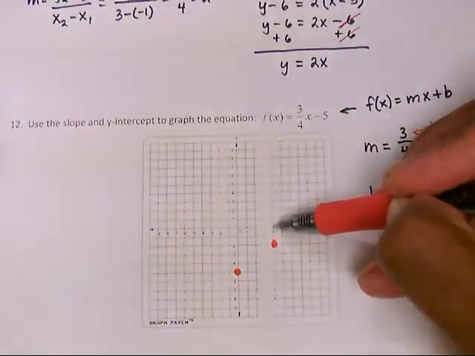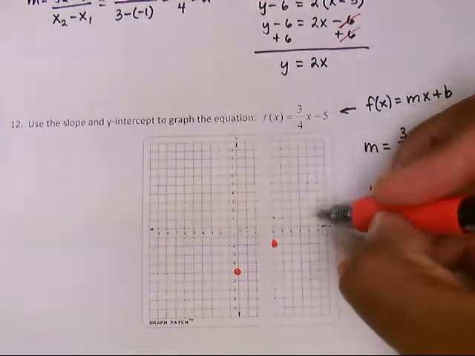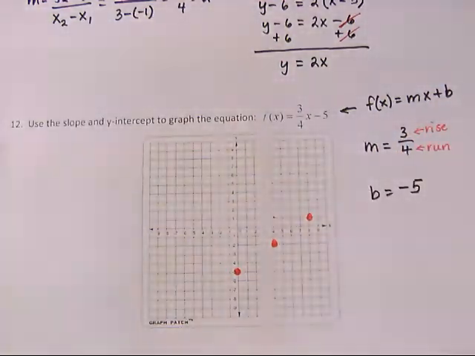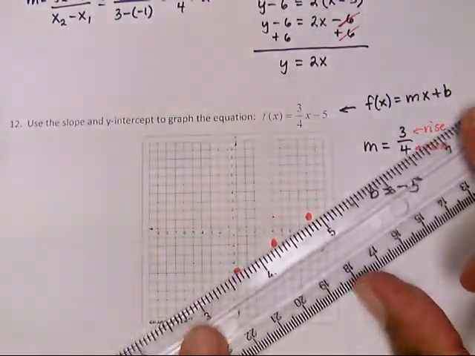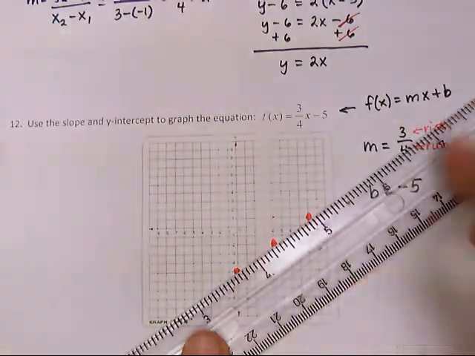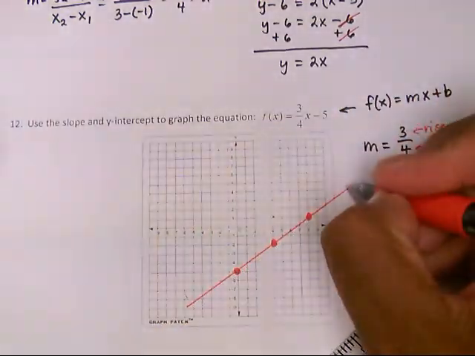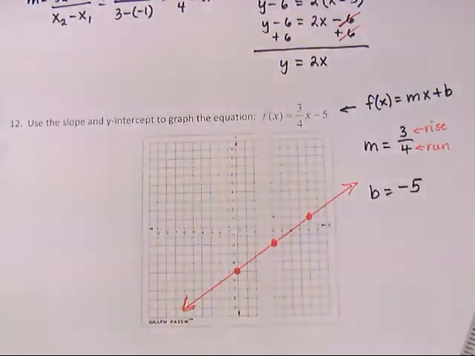Start here and go up 1, 2, 3, and then run to the right 1, 2, 3, 4, and get another point right here. Now, I'm going to connect those points like this. And this represents the graph of the linear function f of x is equal to 3/4 x minus 5.